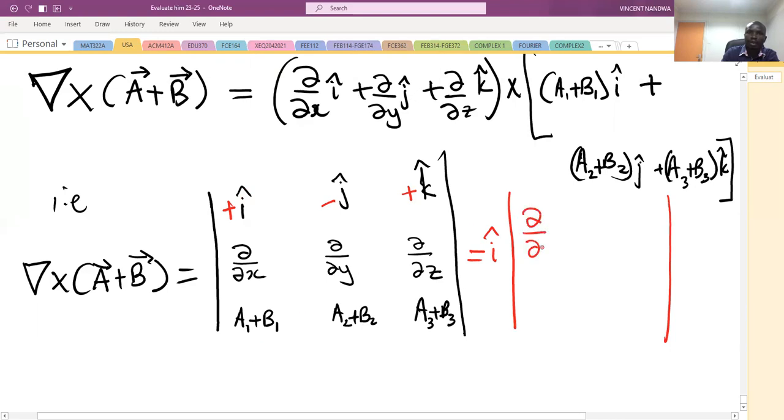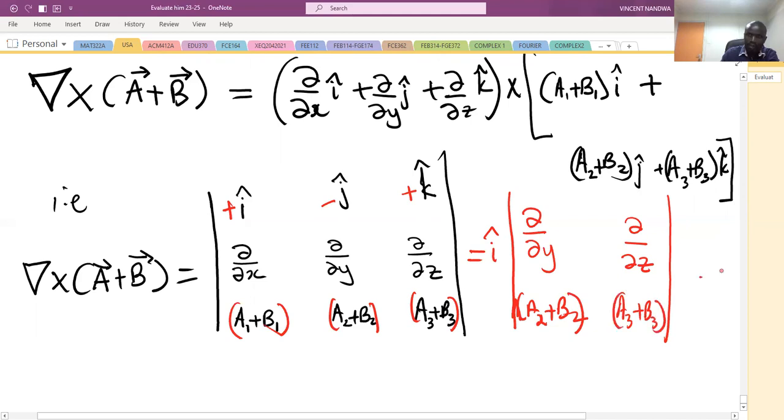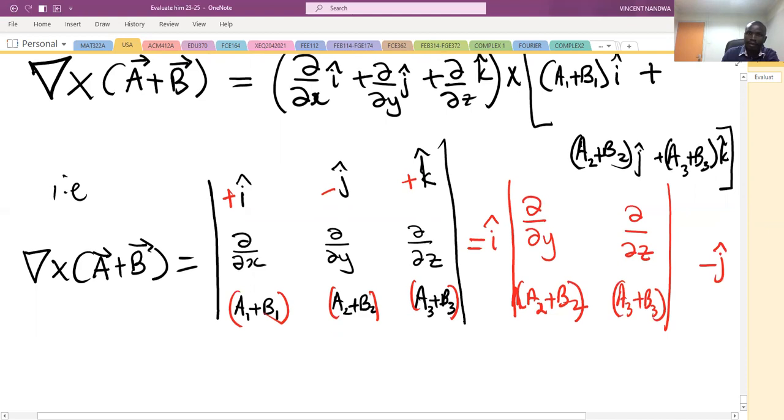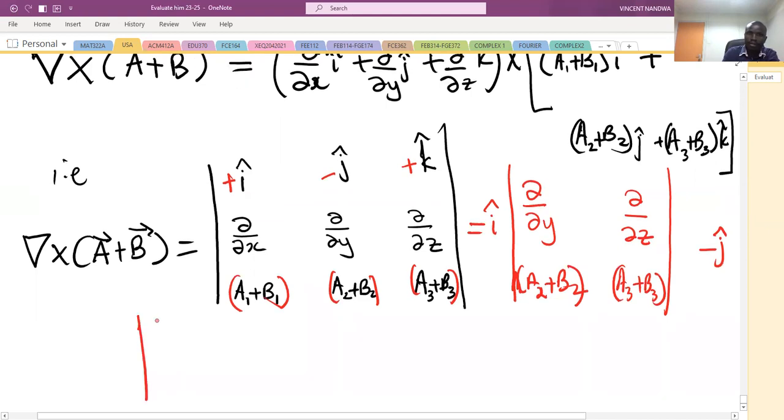So partial y, partial z, then A2 plus B2, A3 plus B3, minus j submatrix, delete this row, this column. So partial x, partial z.